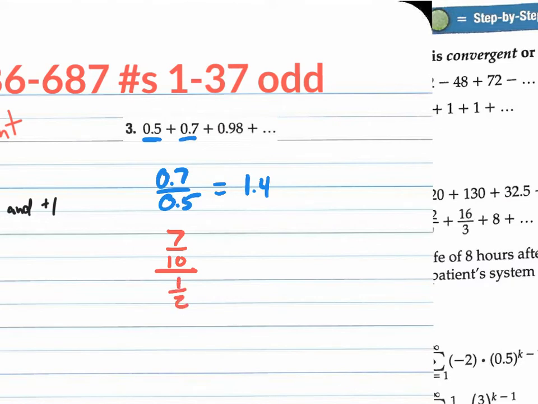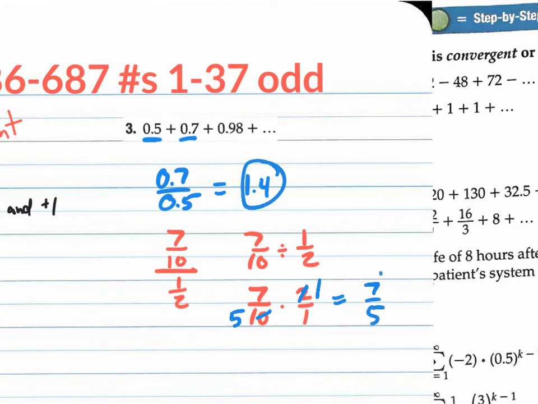You could write it horizontally, which would be 7/10 divided by 1/2, which would then become 7/10 times 2/1. Then you could cancel the 2. 2 divided by 2 is 1. 10 divided by 2 is 5. And you get 7/5. So it's up to you if you want to look at this as a decimal or as a fraction. Either way, your R is greater than 1, which makes it a divergent series.